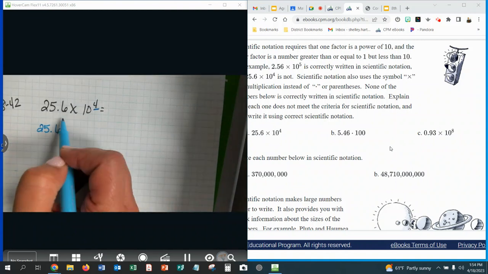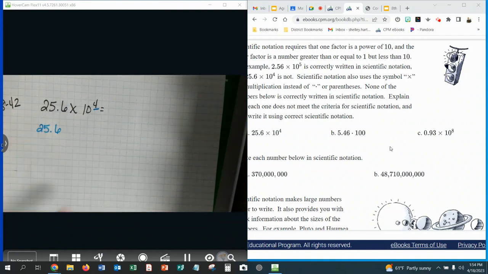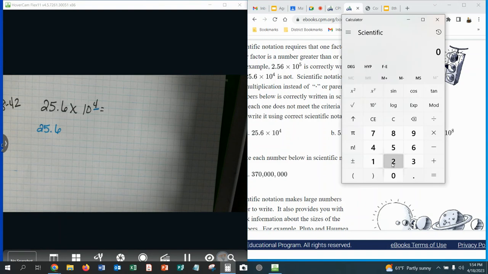You're multiplying it by, you know what, everybody get out your calculators and enter 2.56 times 10 to the 4th, right? Take a look for yourself. Take your time.